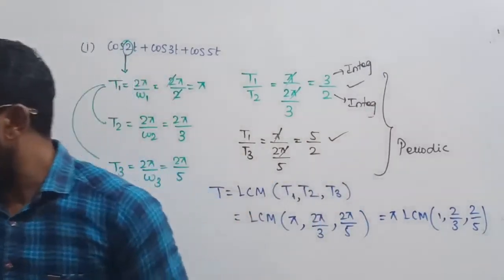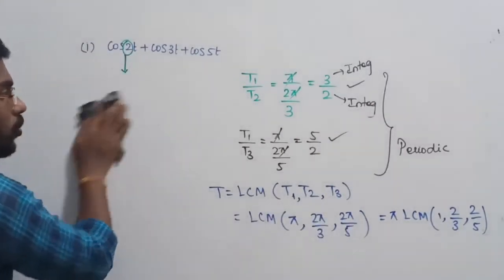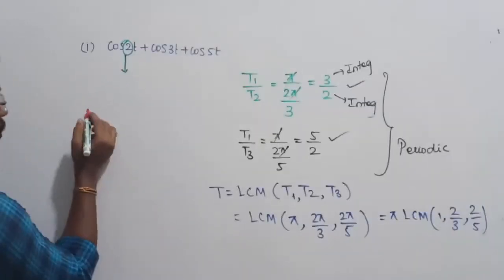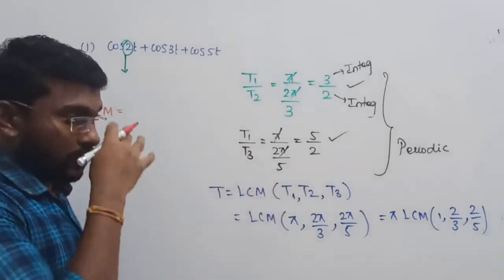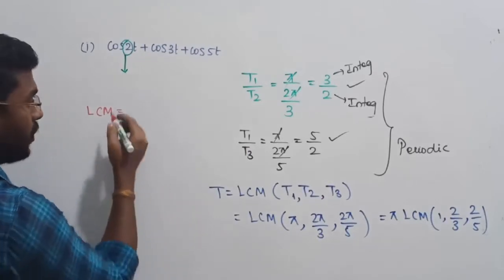Let me explain a few more things, because we need some aptitude knowledge to find the answer to this question. Anyway, let us proceed. How do you find the LCM of fractional numbers? Let me write.